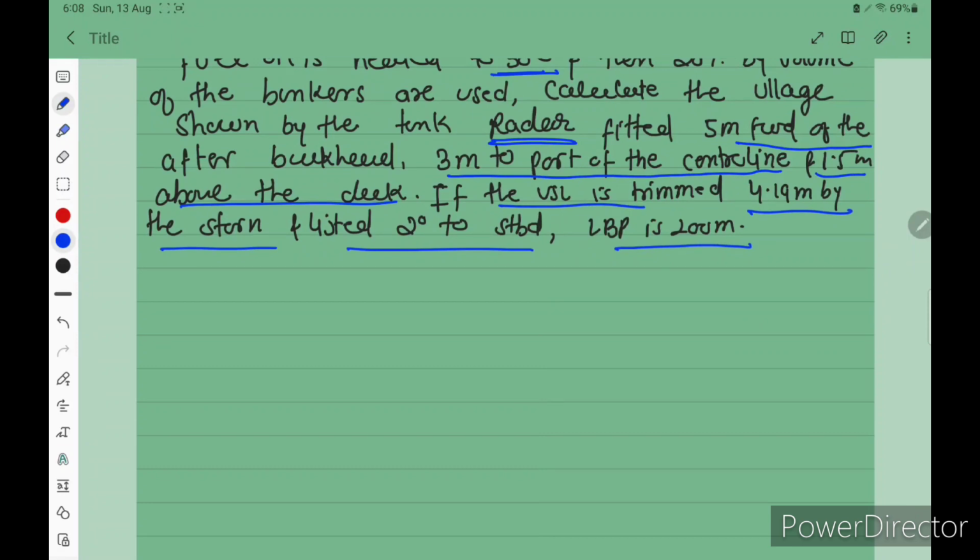So we have to calculate. First we have to draw the diagram. So volume of tank is equal to length into breadth into height, which is 27 into 14 into 11, equal to 4158 meter cube.